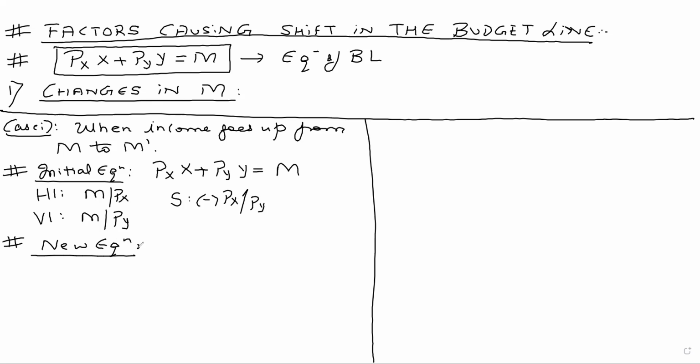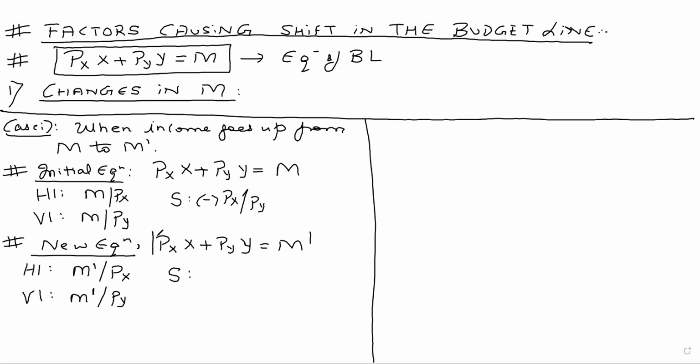When income goes up from M to M dash, my new equation will be Px times X plus Py times Y equal to M dash. Horizontal intercept will be M dash by Px, vertical intercept M dash by Py, slope, guys, if you calculate the slope of the new equation, you will see it comes out the same, minus px by py.